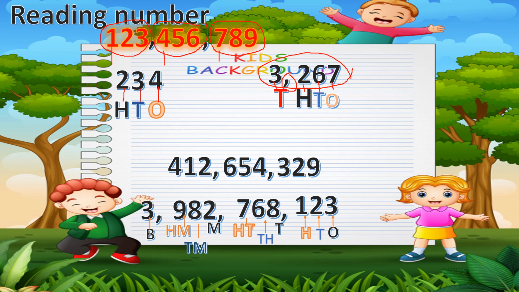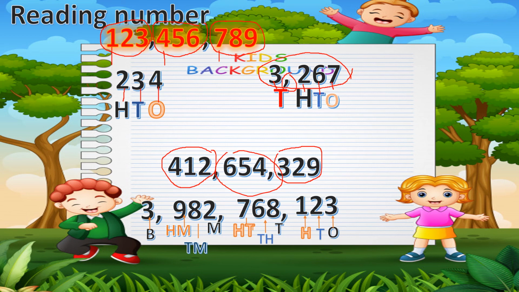Okay, the next one here, we have the period of millions. We have here a period of thousands, and we have here a period of units. It's easy to learn to read this number.